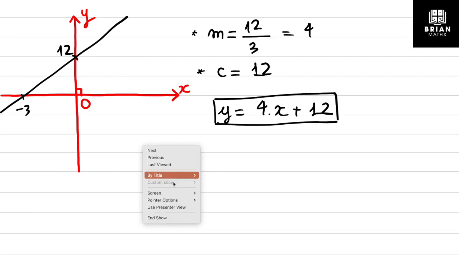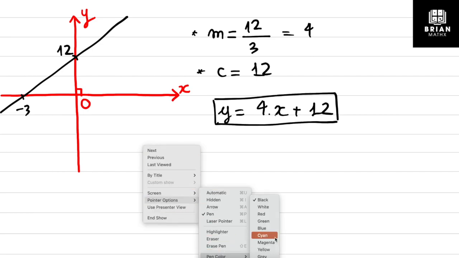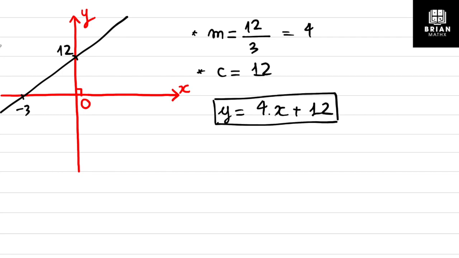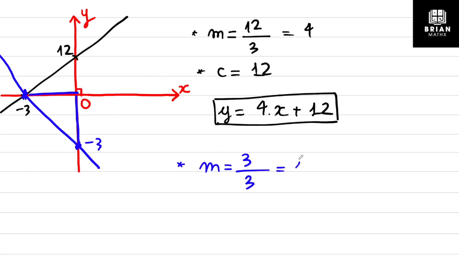Yep. How about the blue line? The blue line for this one also intersects at -3. Here is -3, and here is also -3. How can you do that? About the blue line, m equals rise over run. Rise here is 3, run here is 3, equal to 1.